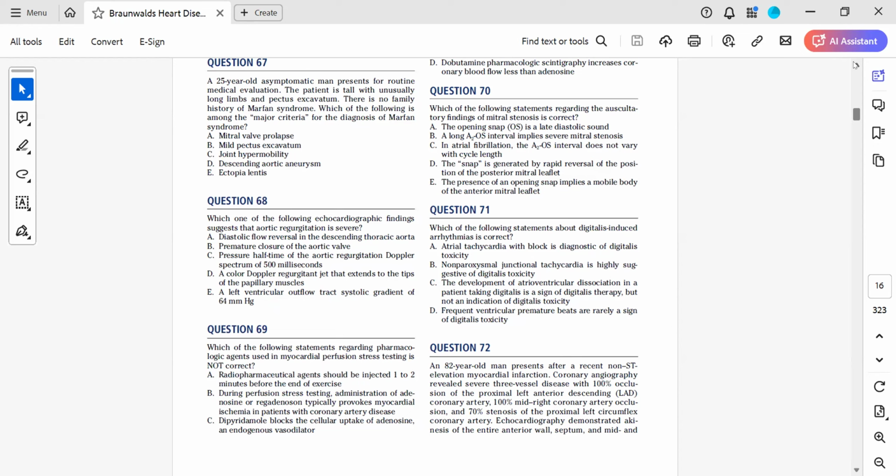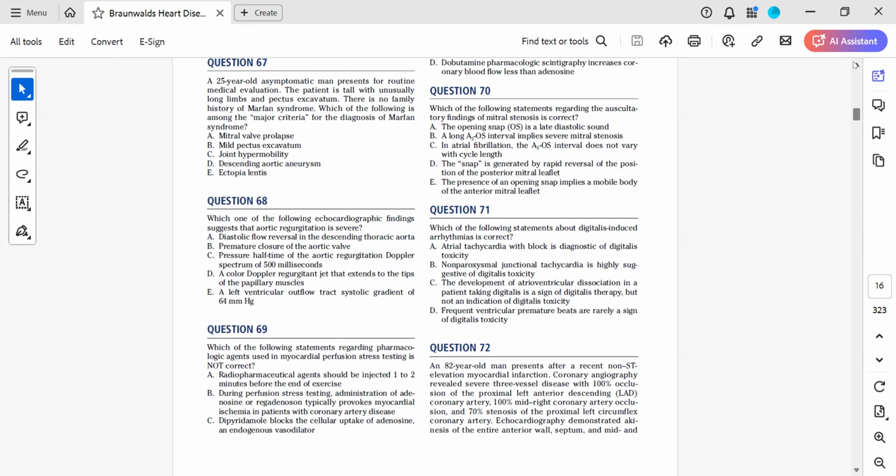C. The development of atrioventricular dissociation in a patient taking digitalis is a sign of digitalis therapy, but not an indication of digitalis toxicity. D. Frequent ventricular premature beats are rarely a sign of digitalis toxicity. Which is correct?